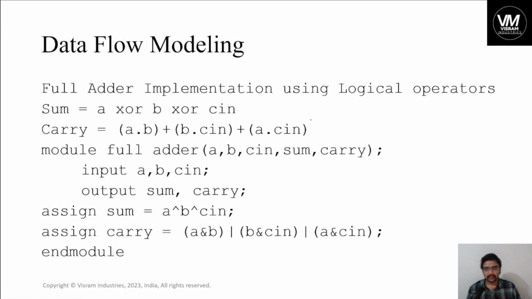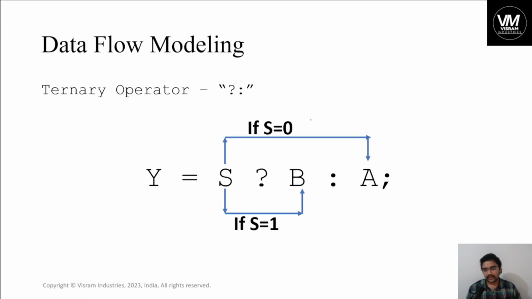Okay. So at the end of data flow modeling, we are going with the ternary operator with the question mark and colon. How is it operated? Question mark and colon, I will explain with a simple example.